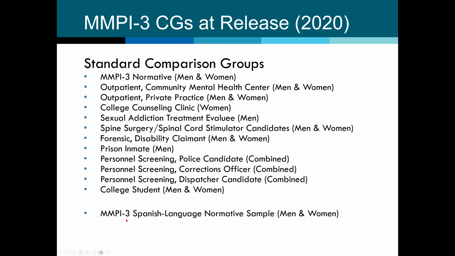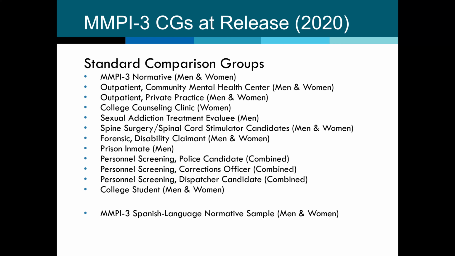And then, of course, with the MMPI-3, we have separate norms for the Spanish language version of the test for the first time. We did not have Spanish language norms for previous versions of the MMPI. And so with the Spanish language normative sample, again, it's a non-gendered sample made up of individuals identifying as men and women, equal number, but it is possible to compare a test taker's results with just the men or just the women of the Spanish language normative sample for the MMPI-3.